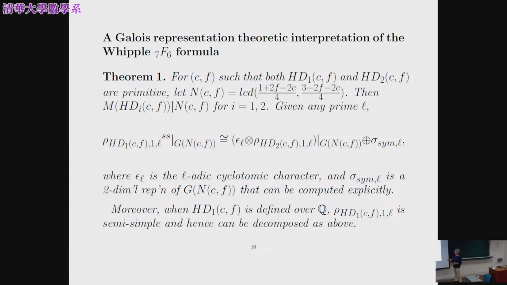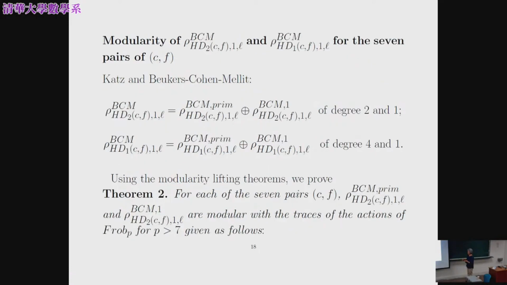The representation attached to the second datum splits into degree 2 plus degree 1. So that means that after we ignore that degree 1, the degree 4 piece of the representation decomposes into degree 2 plus degree 2. Then we ask what happens to each of the degree 2 representations of the Galois group.